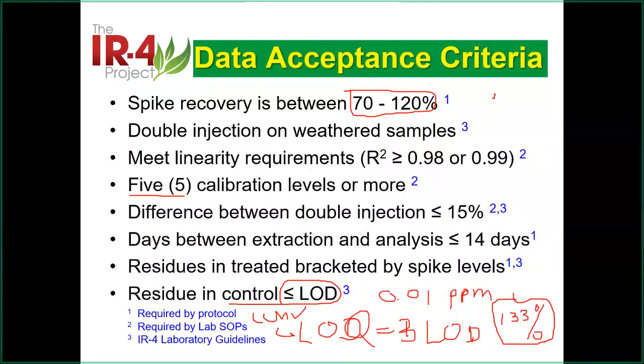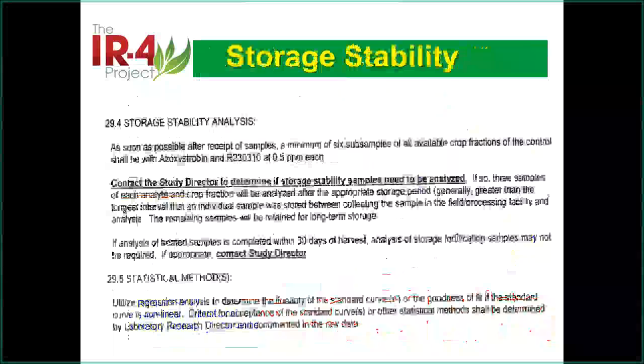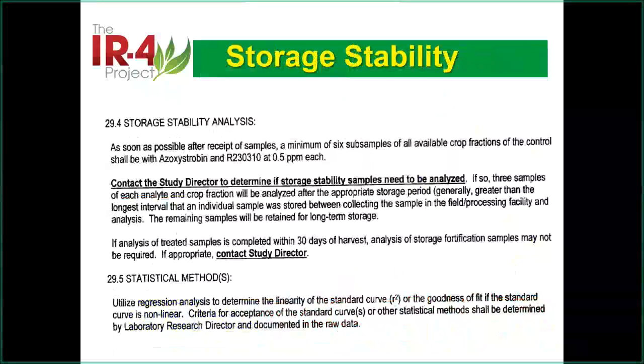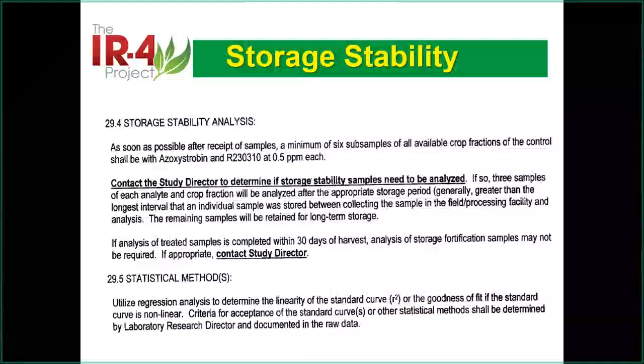Okay, let's go quickly because we still have the QA form to go through. Storage stability is simple. When we have the sample, we spike it immediately. Even if you don't analyze the sample, you still have to spike.